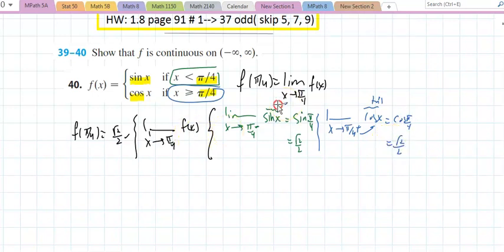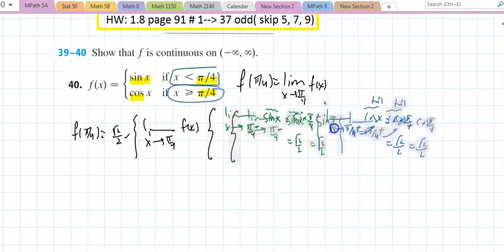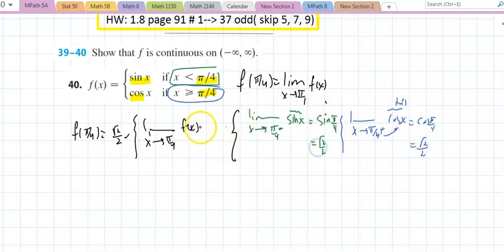Well, I know the limit right here from what I got out of those two. I know that the limit equals radical 2 over 2. So, since the limit as x approaches pi over 4 of f of x equals radical 2 over 2, that would be this.